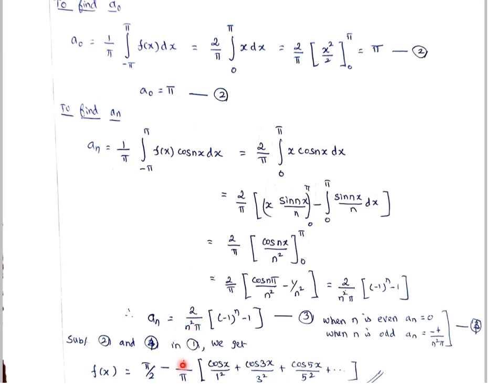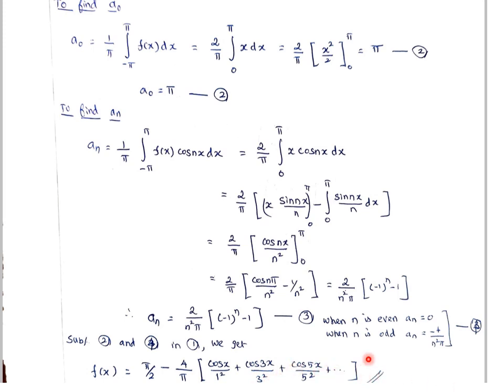Therefore, only for odd values we get minus 4 divided by pi into cos x by 1 square plus cos 3x by 3 square plus cos 5x by 5 square and so on. Hence, the given function f of x equal to modulus of x can be expressed in terms of Fourier series as pi by 2 minus 4 by pi into cos x by 1 square plus cos 3x by 3 square and so on.